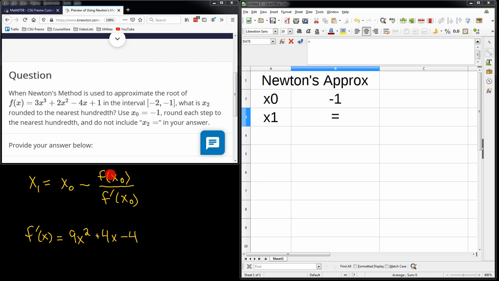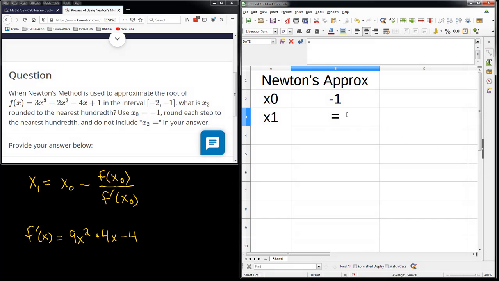That's true. If I was doing this on a calculator, that's exactly what I'd be doing. But with the spreadsheet, I'm not going to enter the number. I'm going to enter a cell reference. This cell right here is in the B column and the second row, so I'm going to enter the cell reference B2. You'll see what I mean when I type it in.